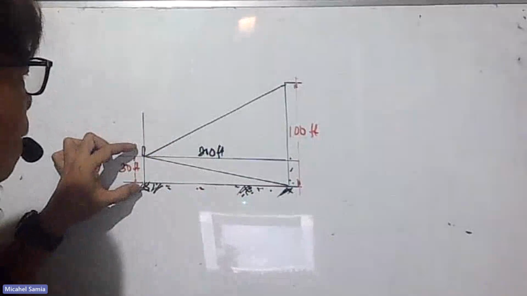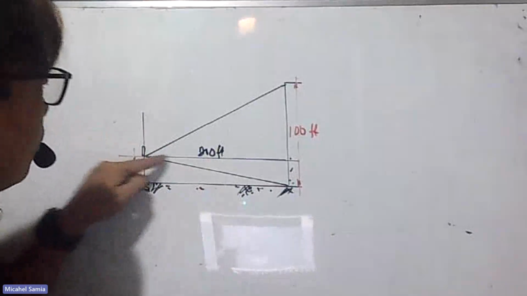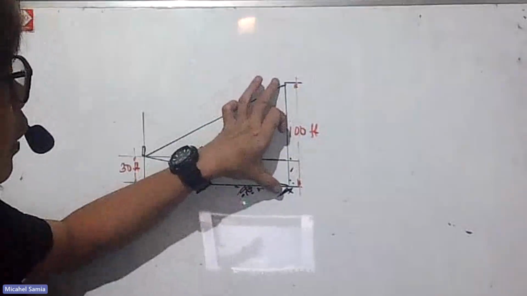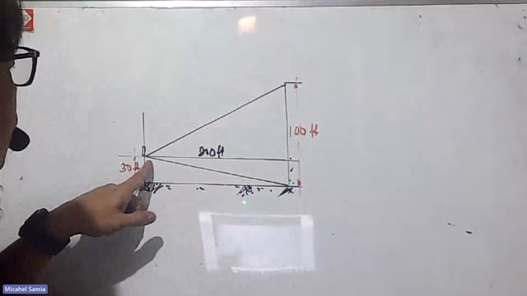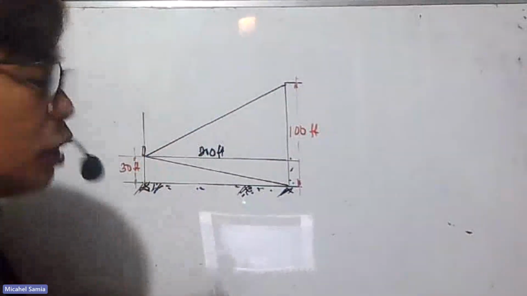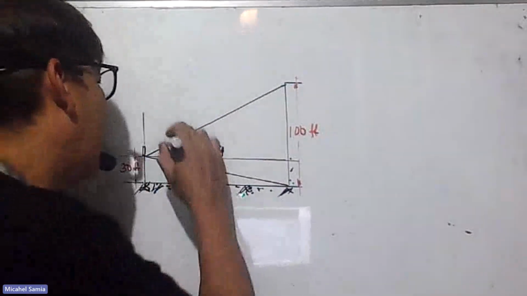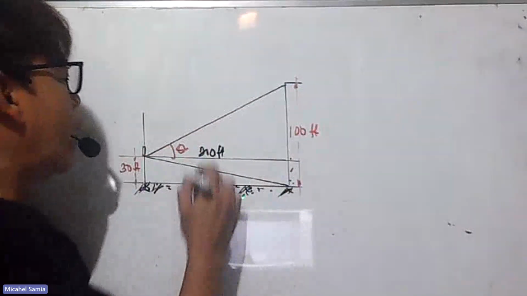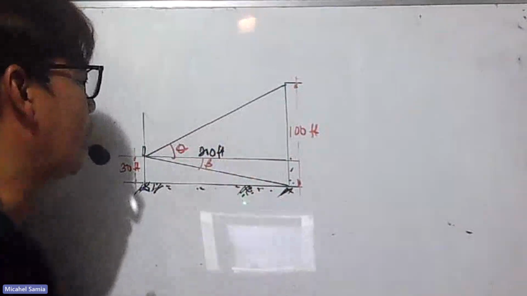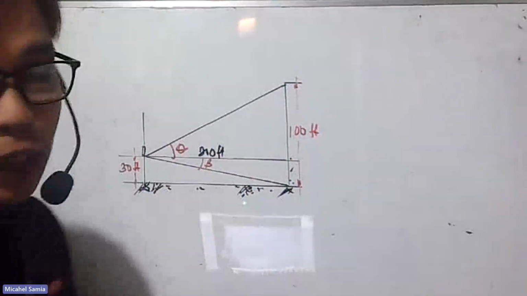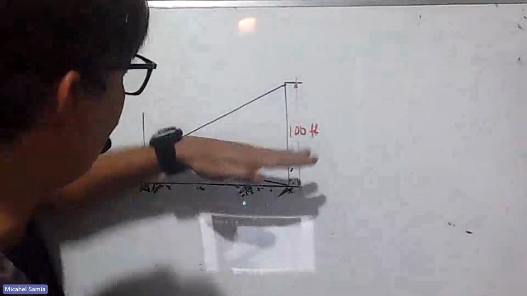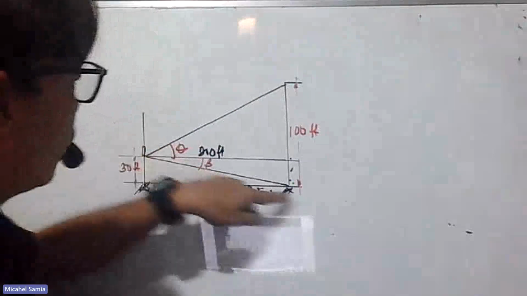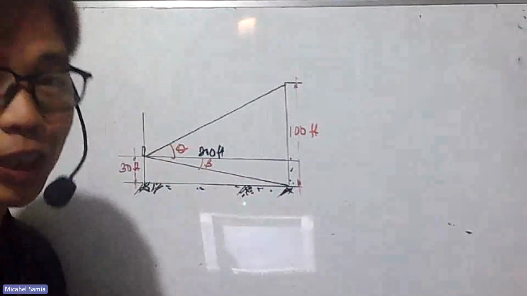Now, 200 feet from that building, there's another building that you observe, whose height is 100 feet. So what is the angle of elevation to the top of the building? Let's call it theta. This is your reference, the horizontal line. And the angle of depression, let's call it beta. So two triangles are involved: first, the upper one, the angle of elevation going up, and the angle of depression below. That's the problem.